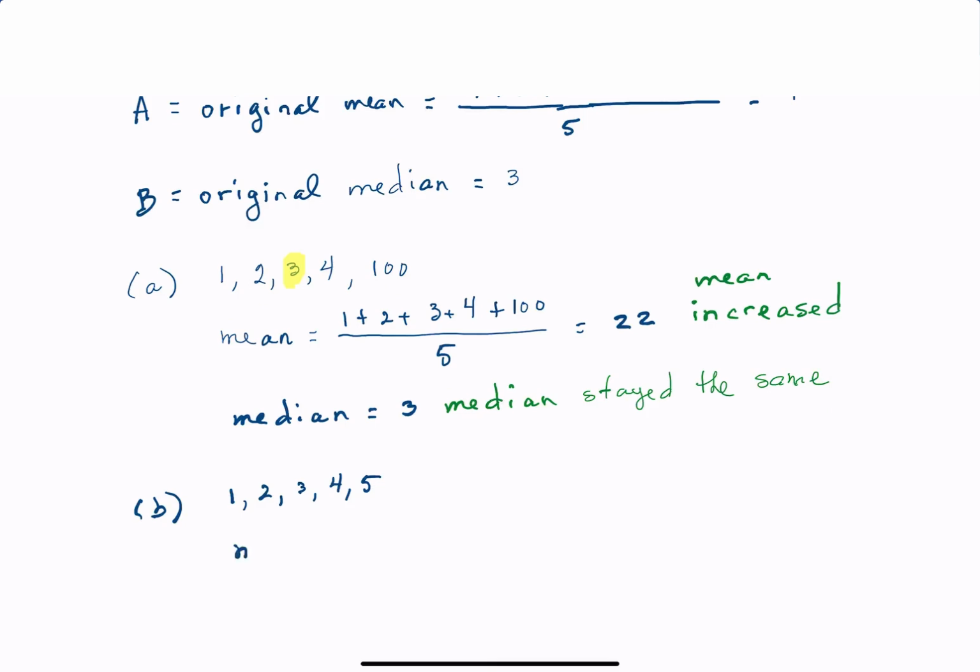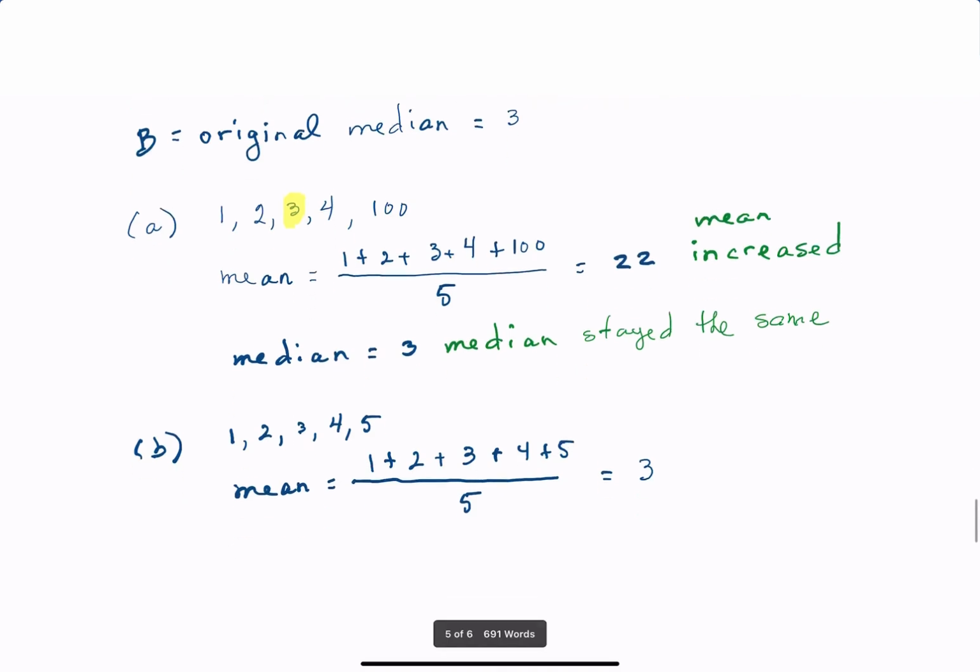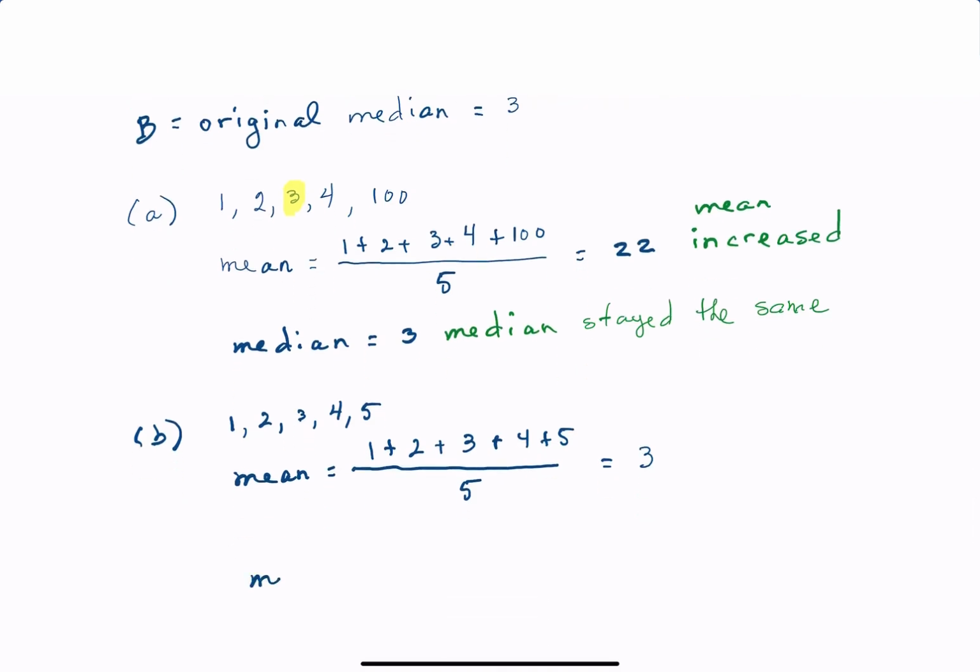Now the mean is 1 plus 2 plus 3 plus 4 plus 5 divided by 5, which happens to be 3. The median, however, is still 3 because 3 is still the number in the center of the data set.